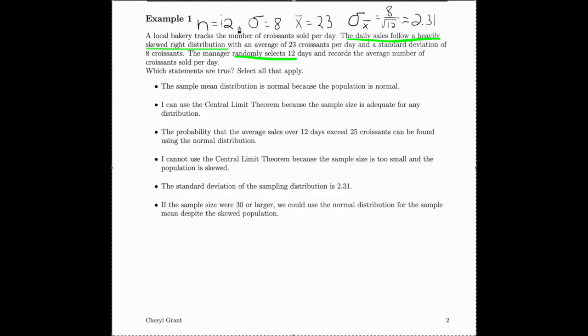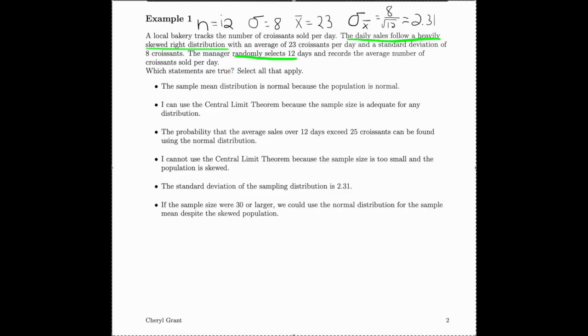And in this case, our sample size is 12, which is not big enough. We need 30 or more. So it doesn't meet one of those two criteria where we could say that the central limit theorem applies here. So in this scenario, we would not be able to use the central limit theorem, which means when it comes to finding probability, we would not be able to use the normal distribution.